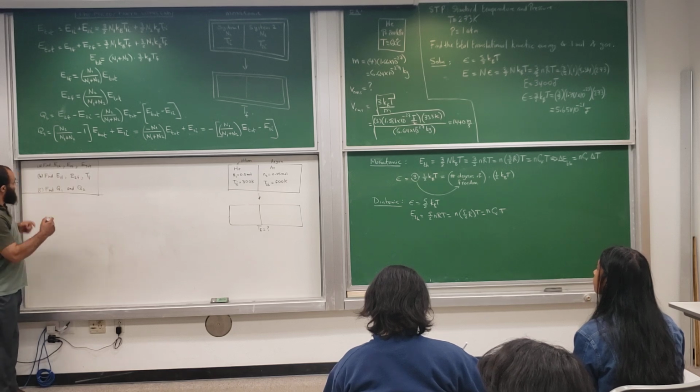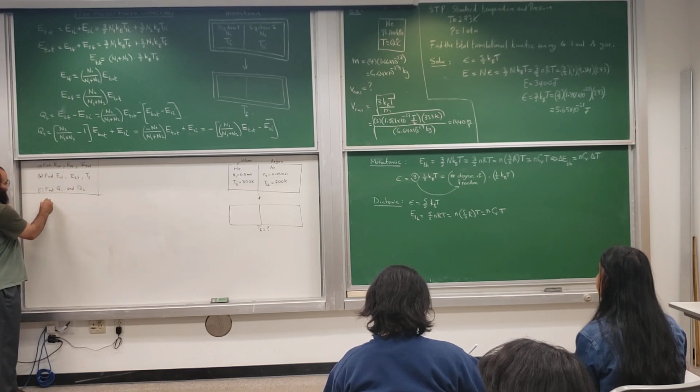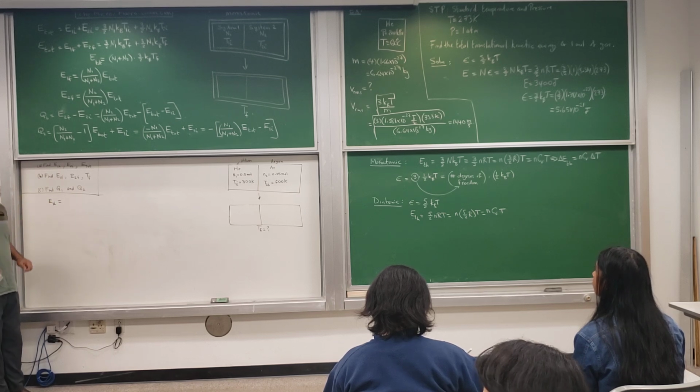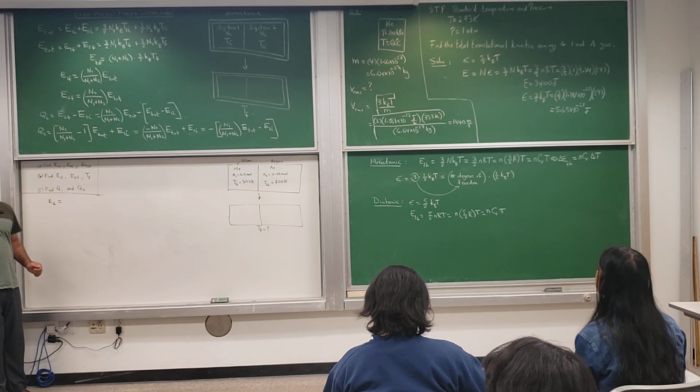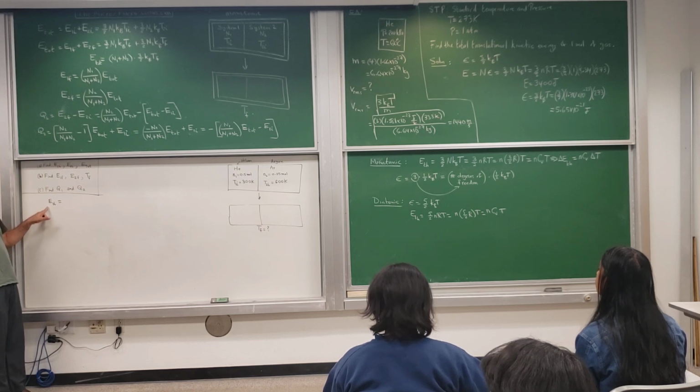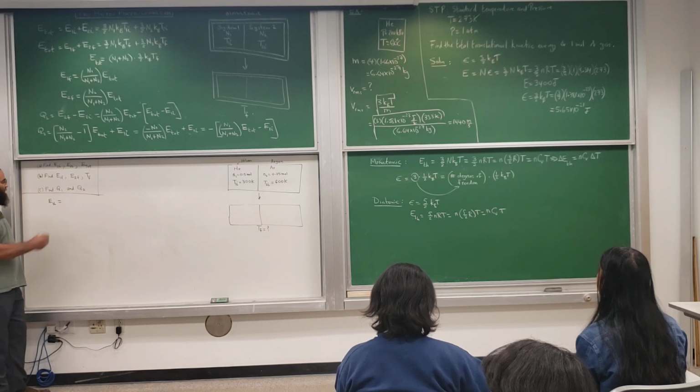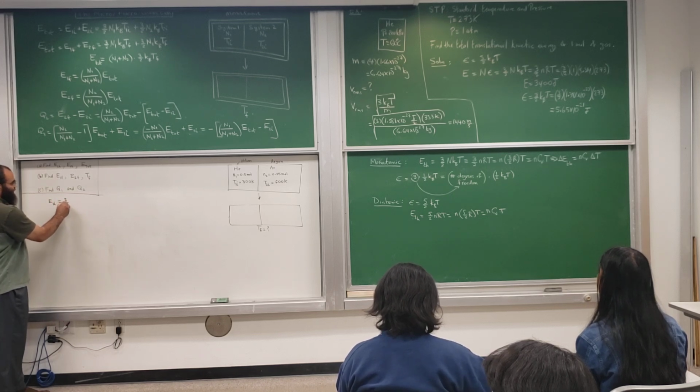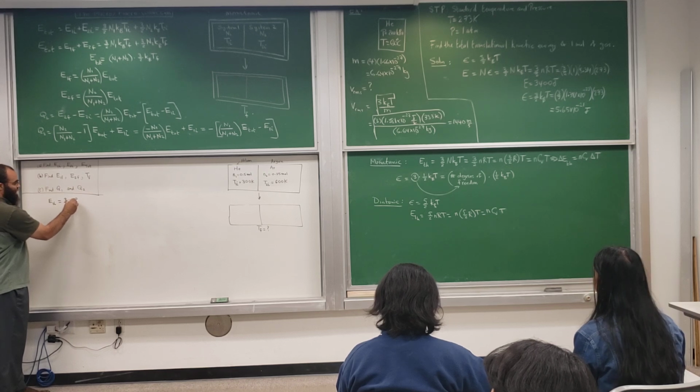So let's start with E1 initial. How do I find E1 initial? Yeah, plug it in. 3/2 N1 R times T1 initial.